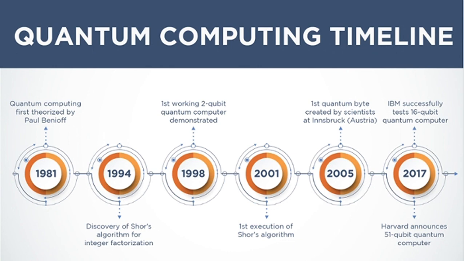In 2005, the first quantum byte was created by scientists at Innsbruck, Austria, and in 2017, IBM successfully tested a 16-qubit quantum computer. So a lot of improvement has happened in quantum computing, and all the major technology providers such as Google and others are trying to explore more options in quantum computing.